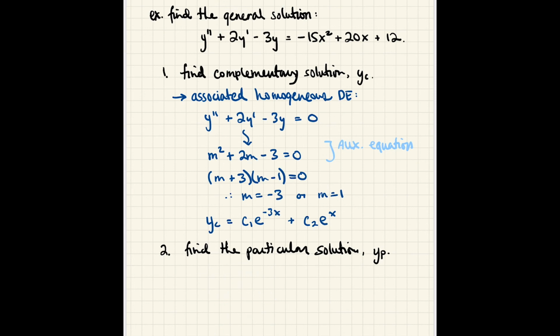In fact, because the right-hand side is a polynomial, a second-degree polynomial specifically, we should let the form of our particular solution be a generic quadratic, ax squared plus bx plus c.